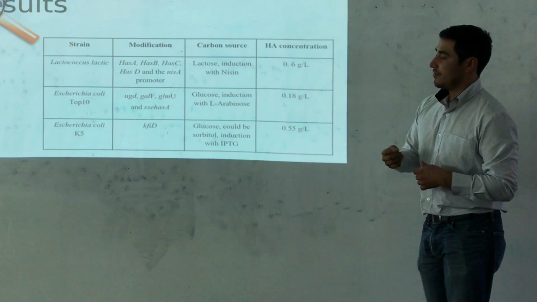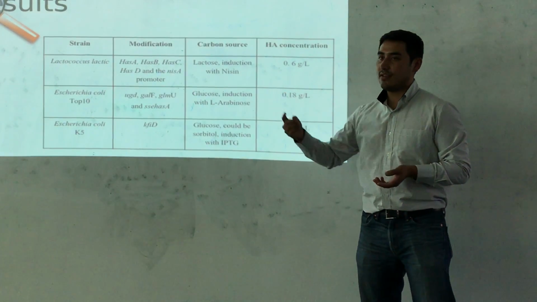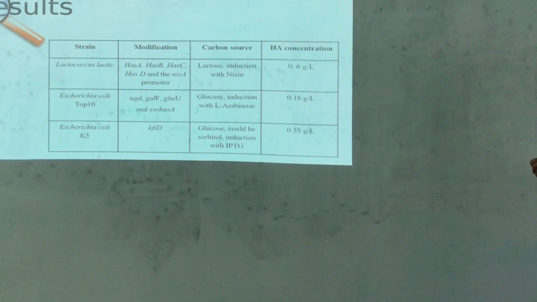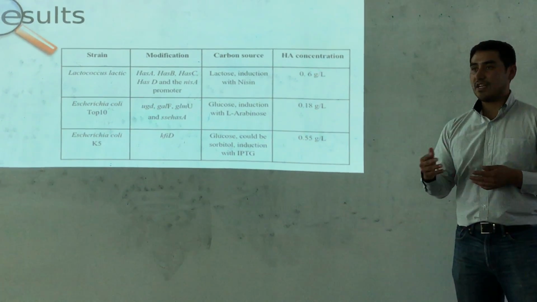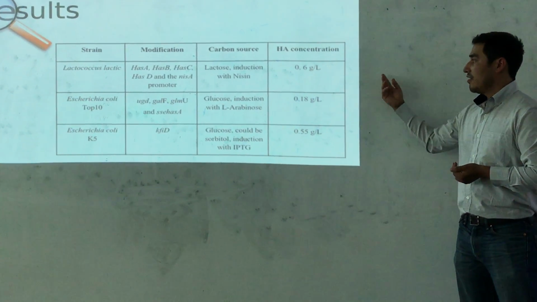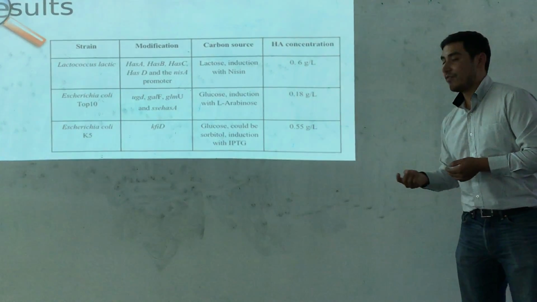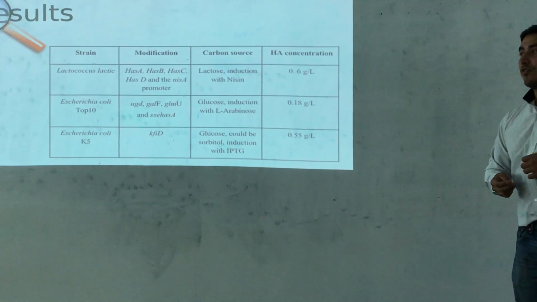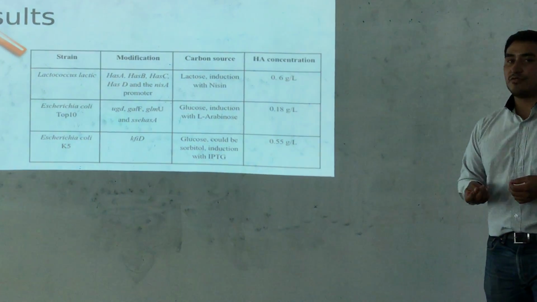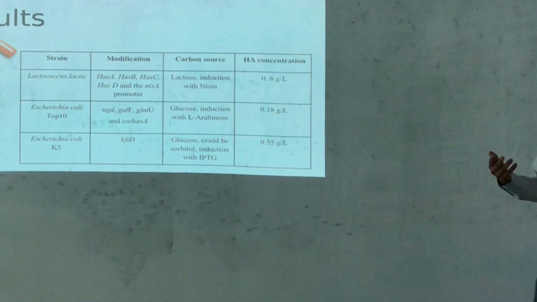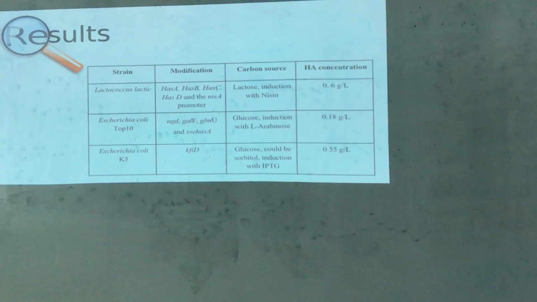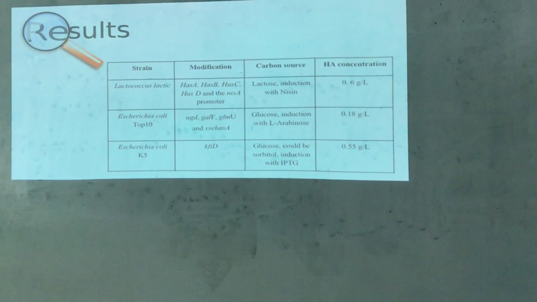This is our gene of interest, hasA, that we are also going to introduce in our strain. These are the results of those papers. They produce approximately 0.5 grams per liter. That's the minimum production we are expecting from all the metabolic engineering that we are going to do.